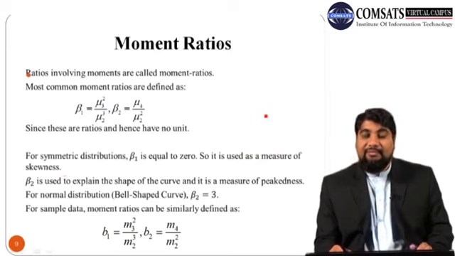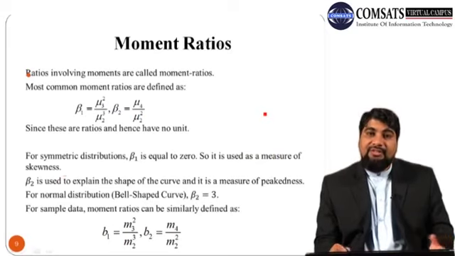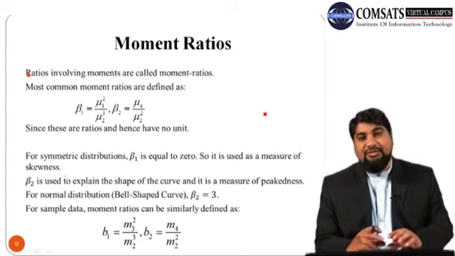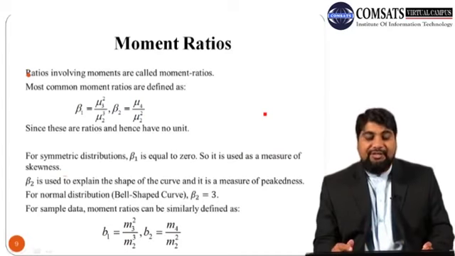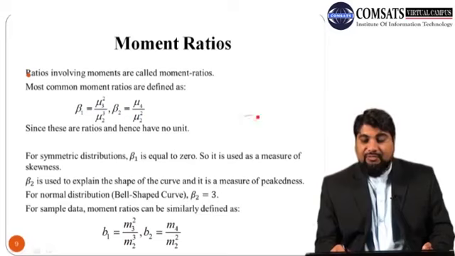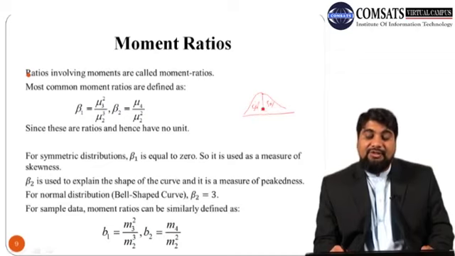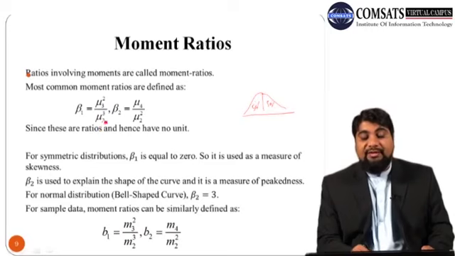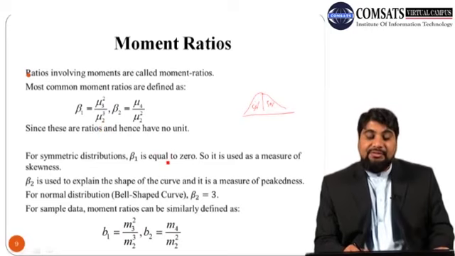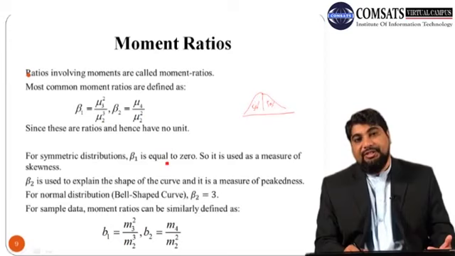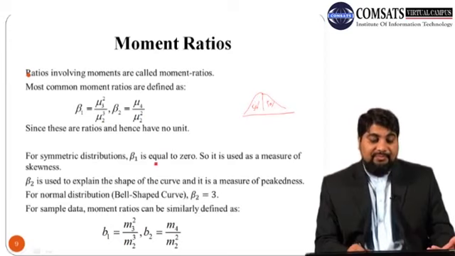If it is 0, the distribution has 0 skewness, and 0 skewness means it is symmetric. This bell-shaped curve is symmetric, equally spread, 50% on the left of this middle line and 50% on the right side of the middle line. So if we calculate this beta 1, it will be 0, which means it is a symmetric distribution.